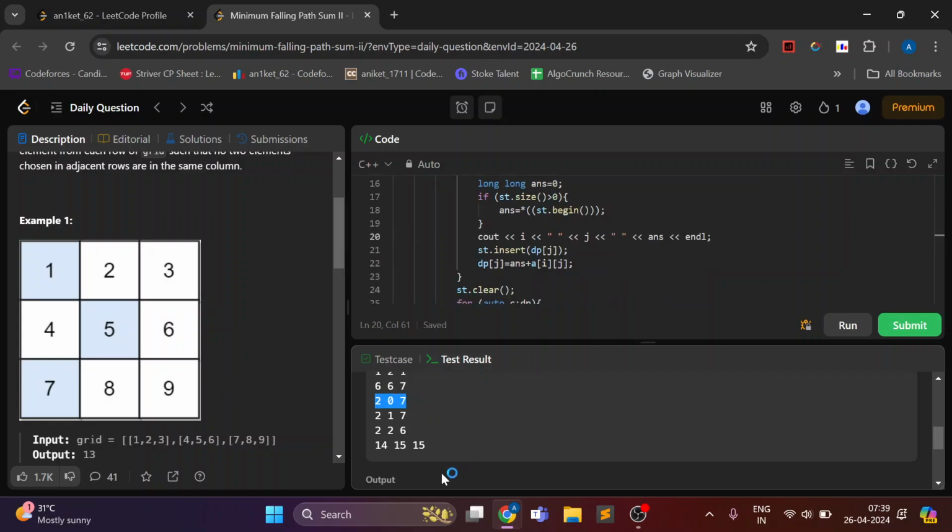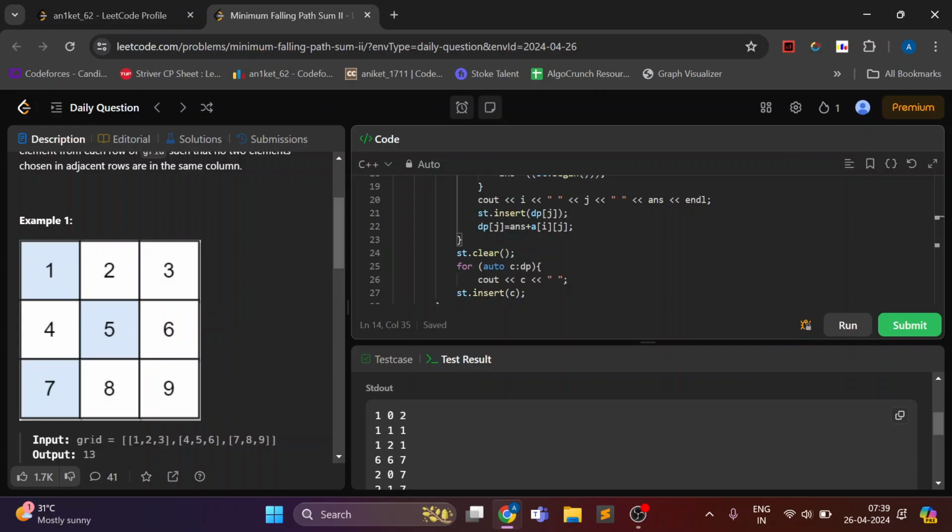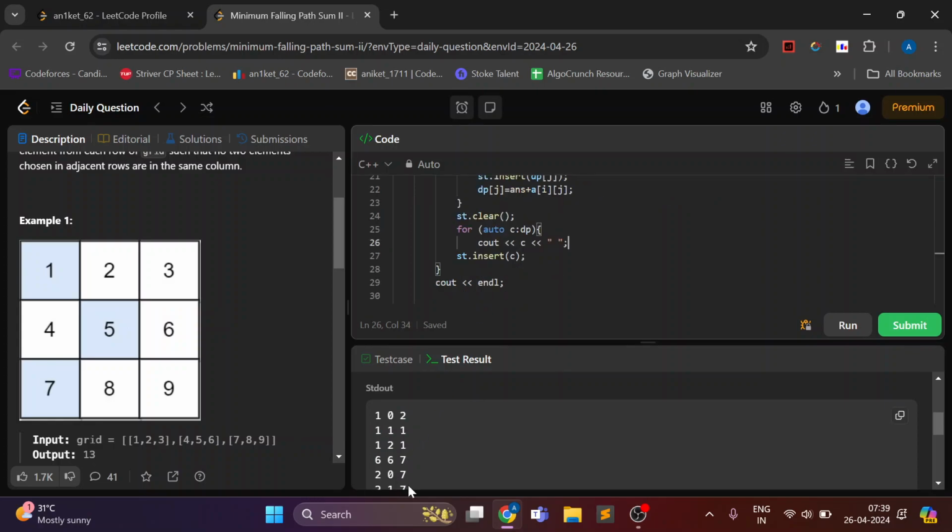Why am I getting 7 here? 1 0 is true, 1 1 is 1, 1 2 is 1, and this prints. Now for 2 0, why am I getting 7?